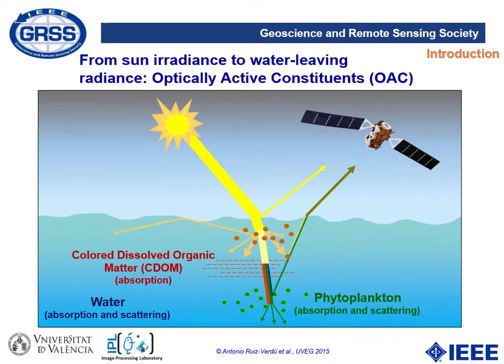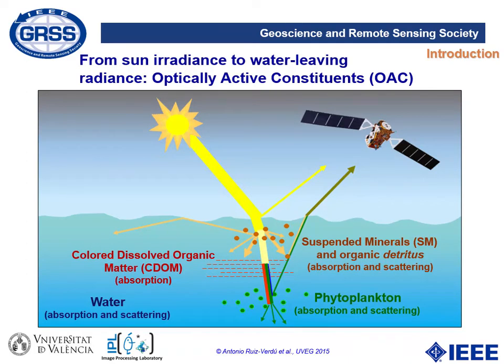Another group of optically active constituents are suspended minerals. These are very important in coastal and inland waters, especially when there are influxes of rivers carrying the continental erosion, and by resuspension of the sediments that are in the bottom of the lakes or the coastal areas.